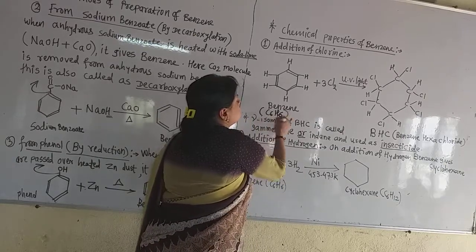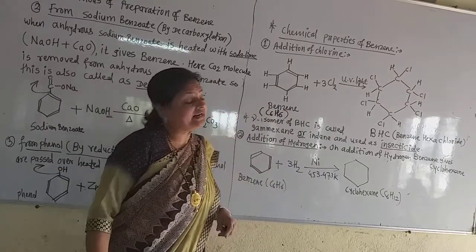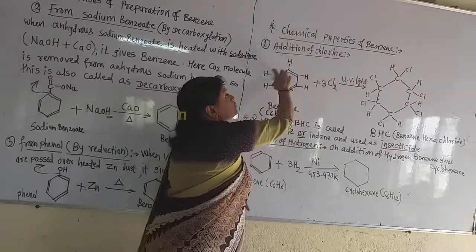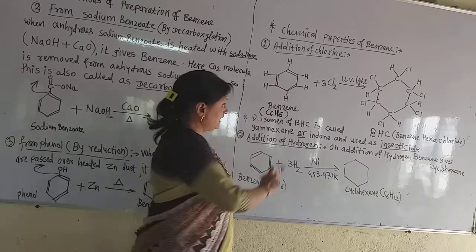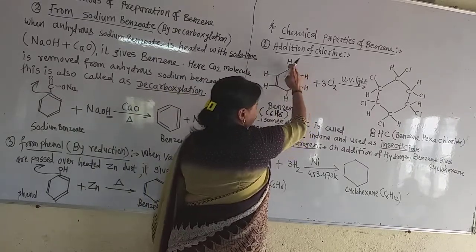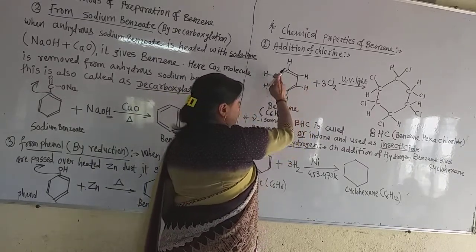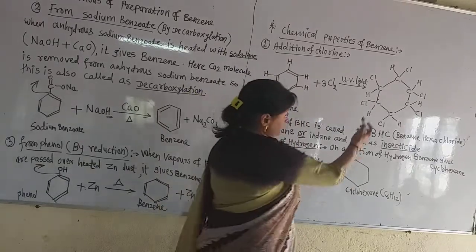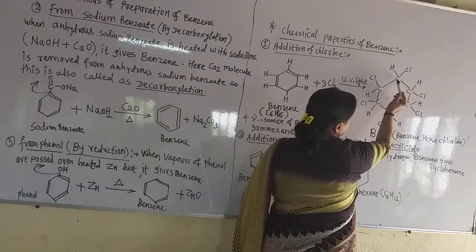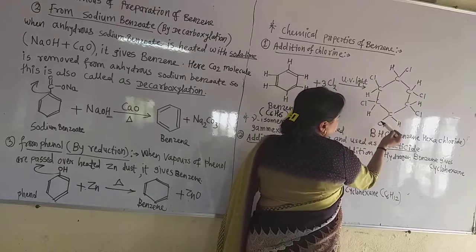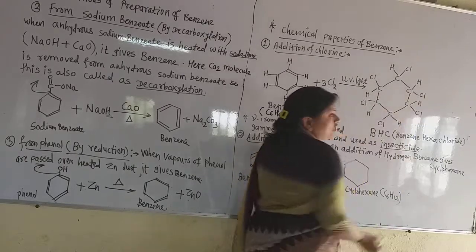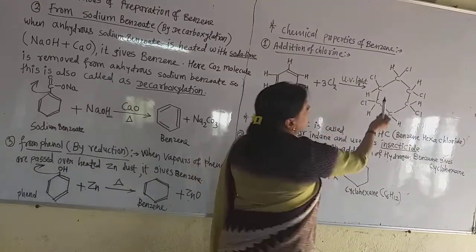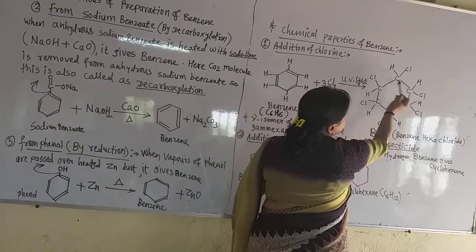There are already 6 hydrogen atoms of the benzene, and again 6 chlorine atoms are added. At every double bond, 2 chlorine atoms get added. So I show here that these chlorines now get attached to every carbon atom, and hydrogen is already there, and the double bonds are converted into single bonds.